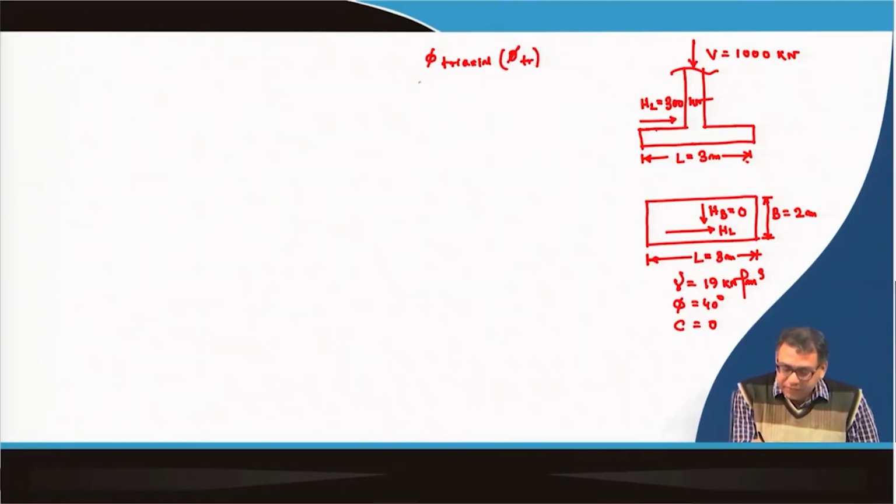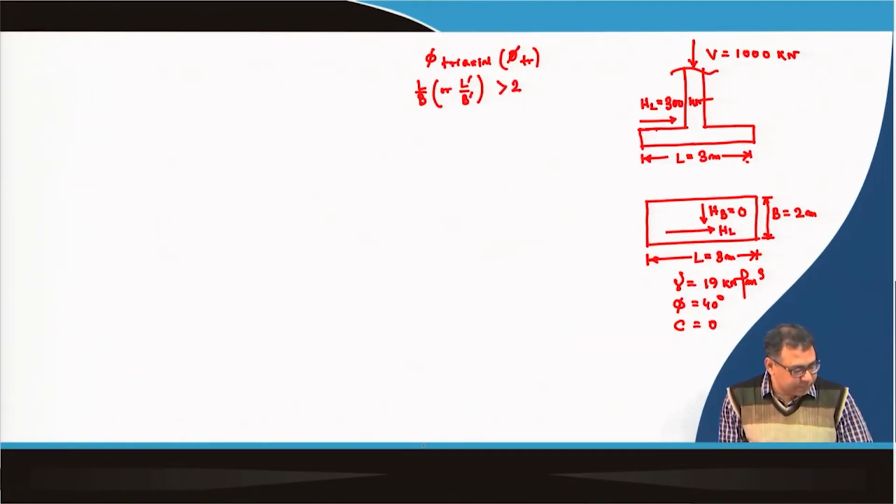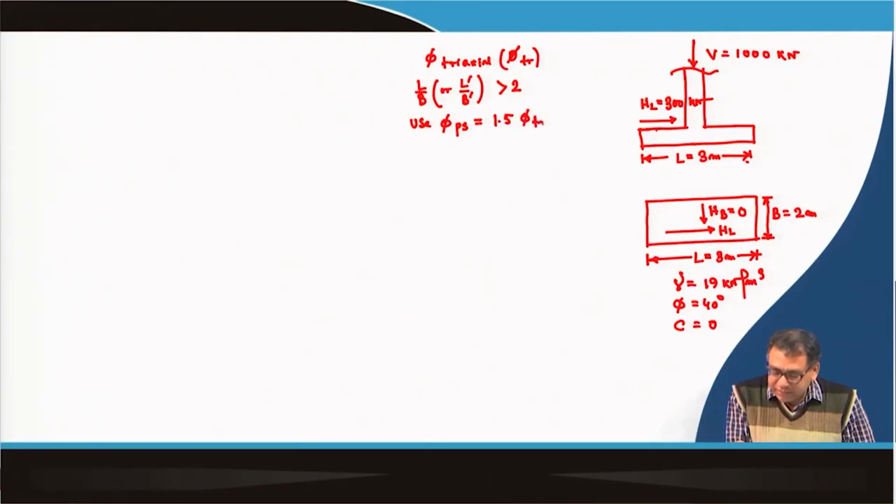Now, if your L by B, or in case of eccentric loading L dash by B dash, is greater than 2, then you use phi plane strain, or modified phi, which is 1.5 times phi triaxial minus 17 degree.